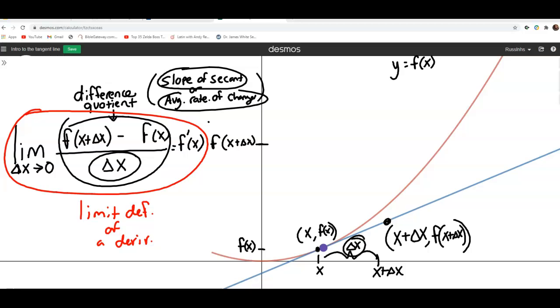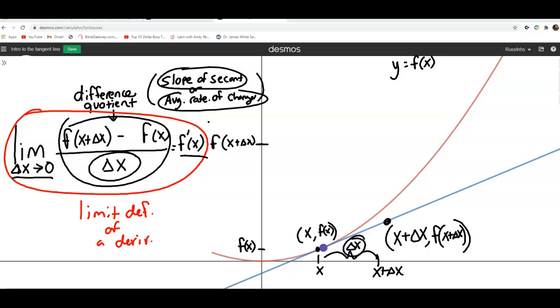Whenever you take a difference quotient, a basic slope function, and you find the limit of that as the distance between the two points approaches 0, in other words, the two points become one, you end up with a derivative. And that's what we call the limit definition of a derivative. Okay? And we're going to be using that on every problem that we do today. All right?